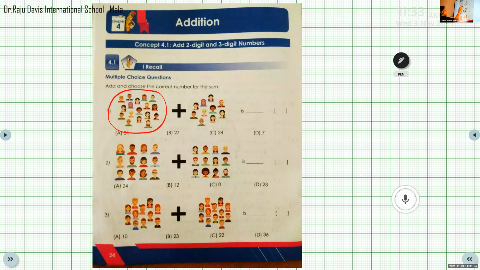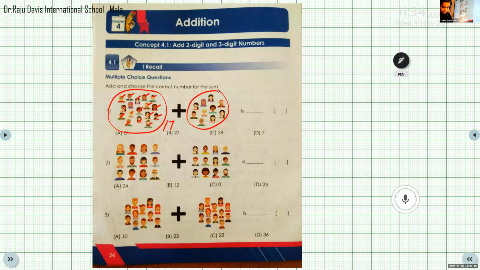So here in the first picture, there are 17. And please count the next picture. How many are there here? Please count and tell me. 10.